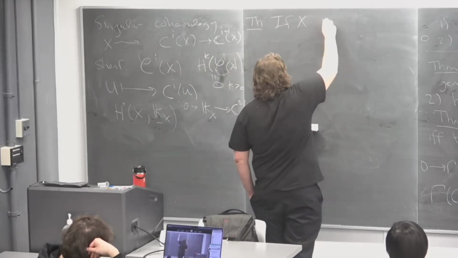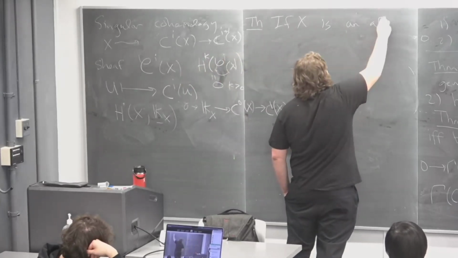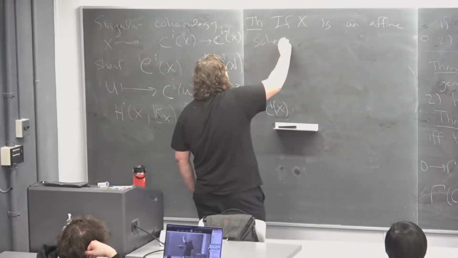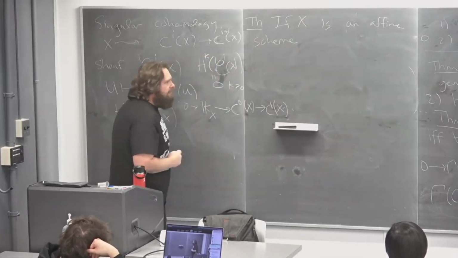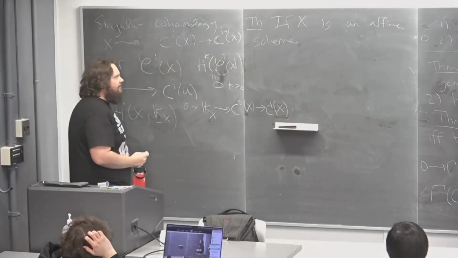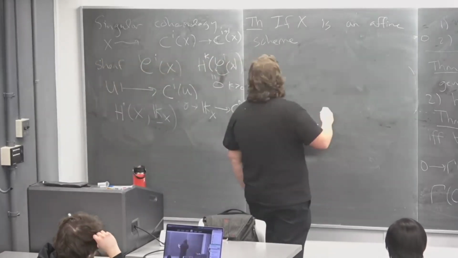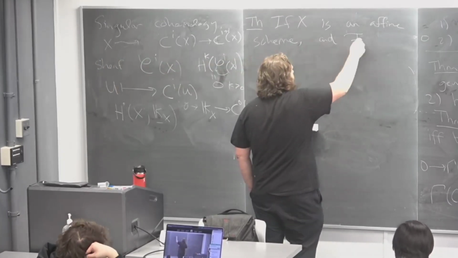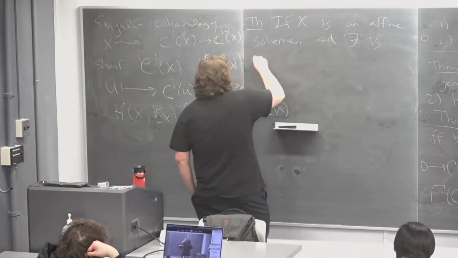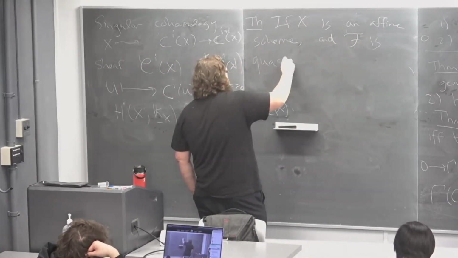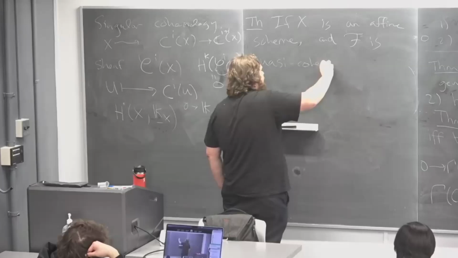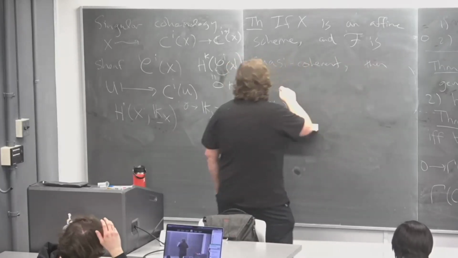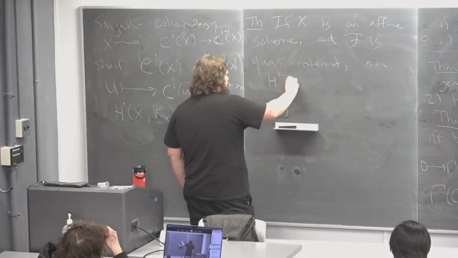If X is an affine scheme, and here I'm thinking about the underlying Zariski topology on X, not actually using the affine scheme structure in any way, and F is quasi-coherent, of course, now I'm using the affine scheme structure, and I say what it means to be a quasi-coherent sheaf, then all the higher cohomology of F vanishes.